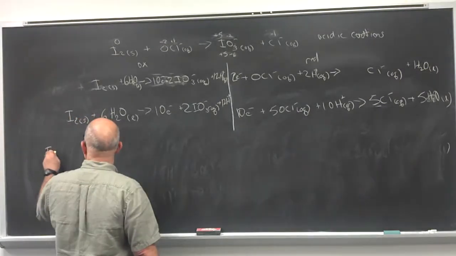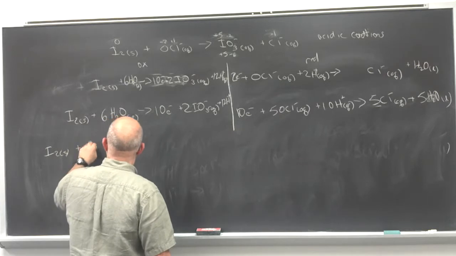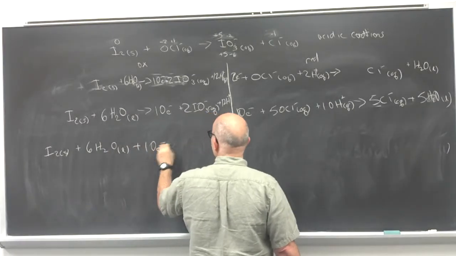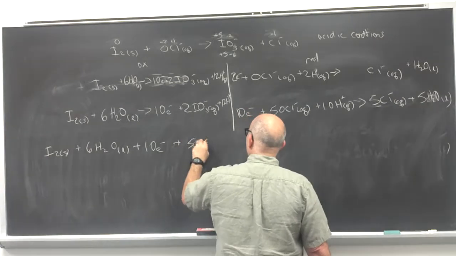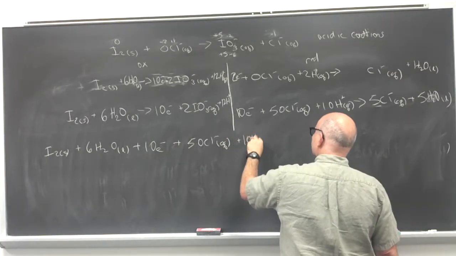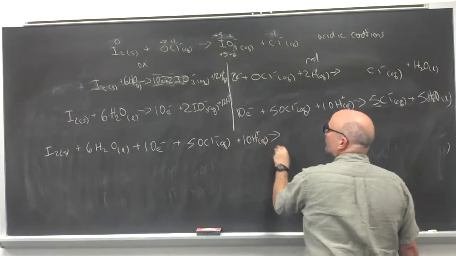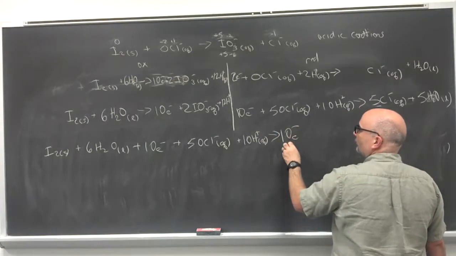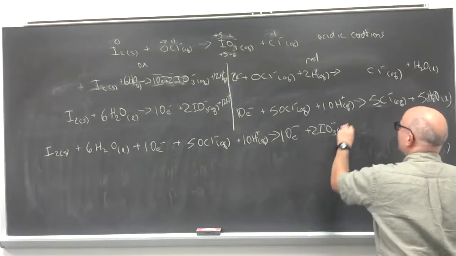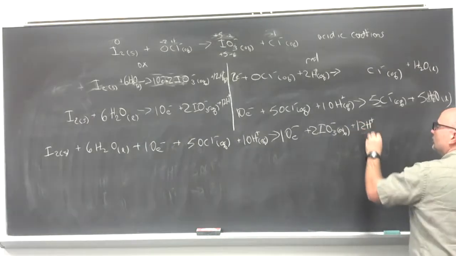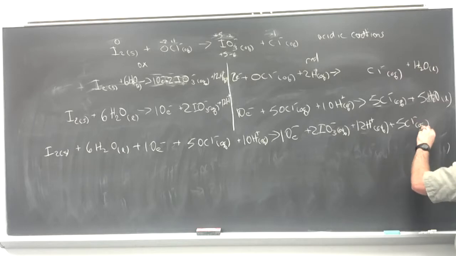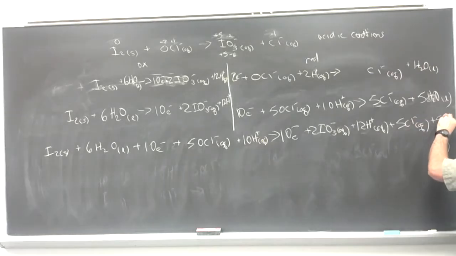So we're going to have solid I2 plus 6 waters plus 10 electrons plus 5 hypochlorite ions plus 10 protons, giving us 10 electrons, 2 iodates, 12 protons, 5 chlorides, and 5 waters.